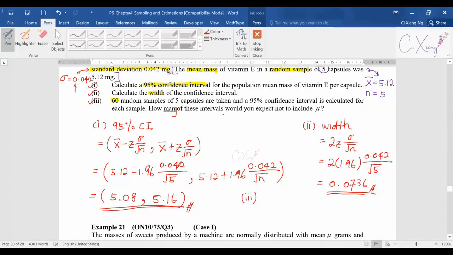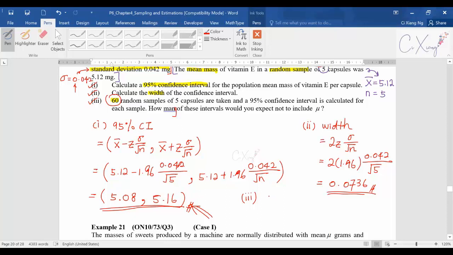So now, when you calculate this, this is one confidence interval. You have one sample, so you calculate one confidence interval. So now you are having 60 confidence intervals. They are asking how many of them might not have the mu.